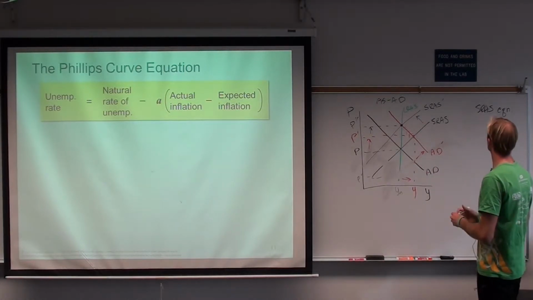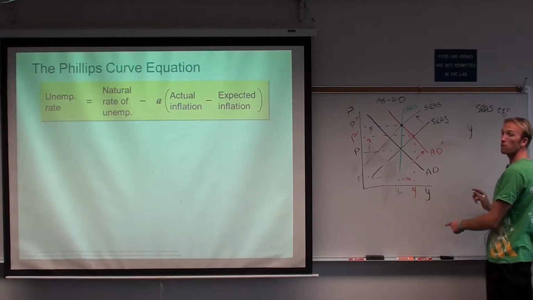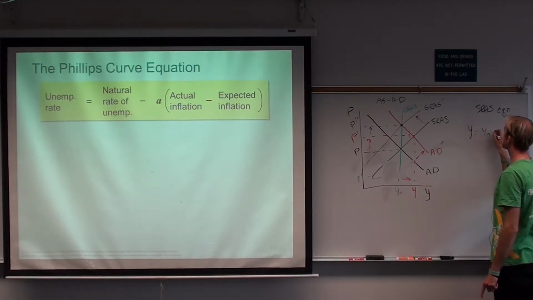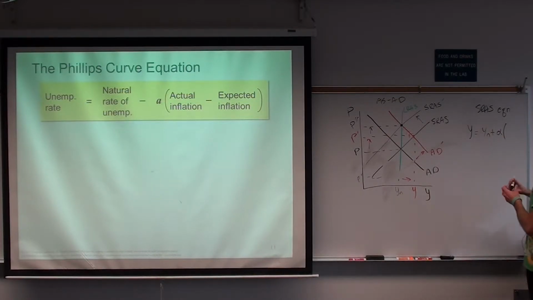And so just a reminder, the short-run aggregate supply equation says that the actual output Y is equal to the natural rate of output plus some alpha times the price level minus the expected price level. Remember that? And remember when the price level was more than what we expected, when the government pumps some more money into the economy and it catches people off guard and prices go up higher than they thought they would, right?